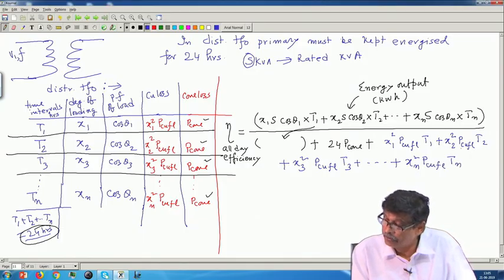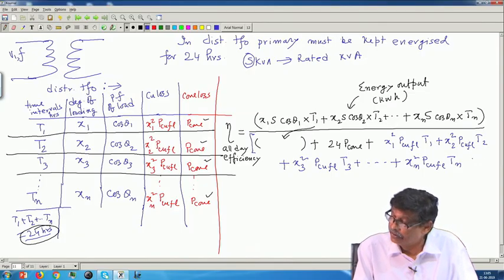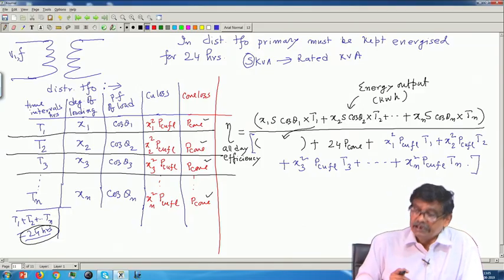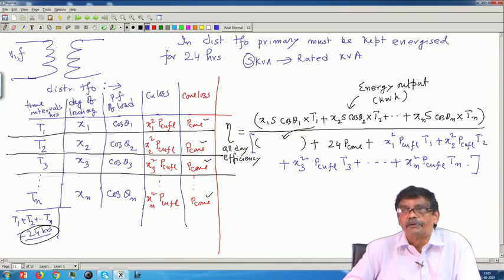This will also be in kilowatt hours. So, this whole thing is in the denominator. So, this divided by this will give you the energy efficiency or all day efficiency of a transformer.